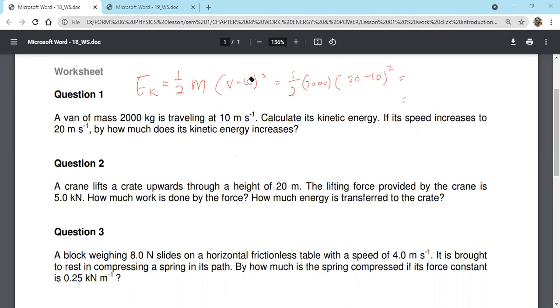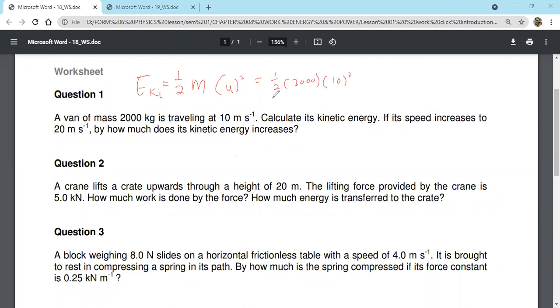First, what we need to do is find out the u squared first, because this one has the power square, we use 1/2 m u squared. EK initial means 1/2 times 2000 times u squared, that is 10 squared.